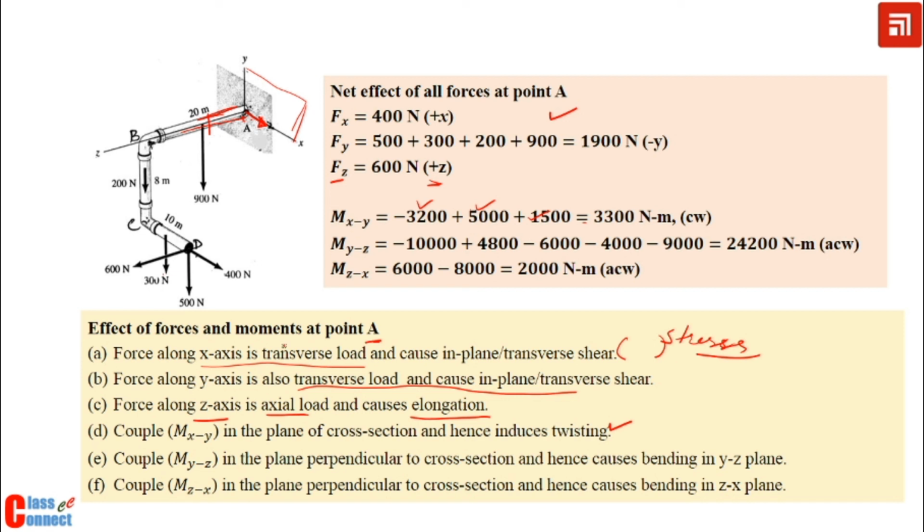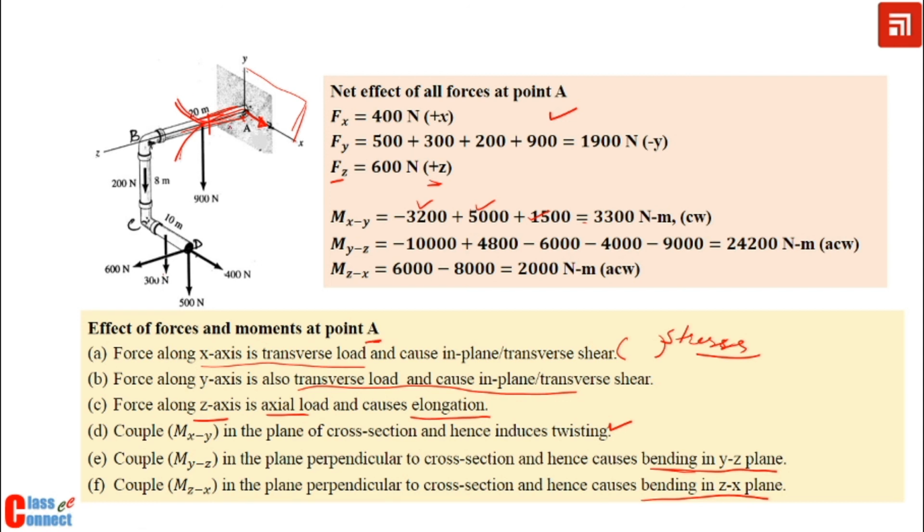And the couples in planes perpendicular to the plane of cross section will induce bending in the YZ plane and bending in the XZ plane. Means this will bend like this and this will bend like this.